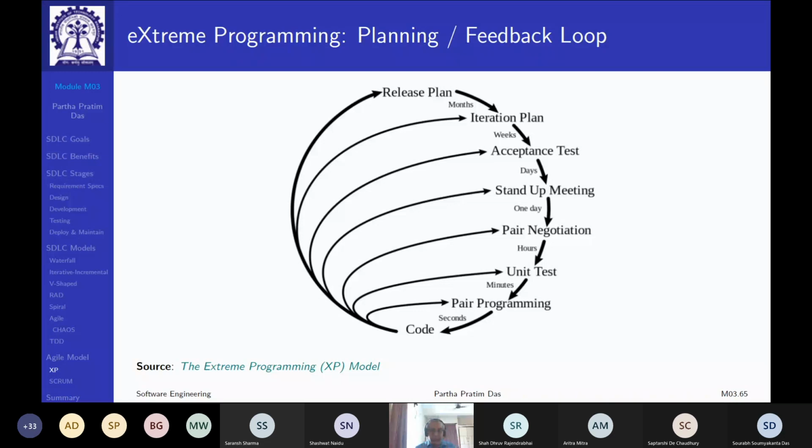One will work, and the other will actually observe, give feedback, give suggestions. But one is primary, and that role keeps on switching between this pair from time to time. It could be every day, it could be based on a week or so on.